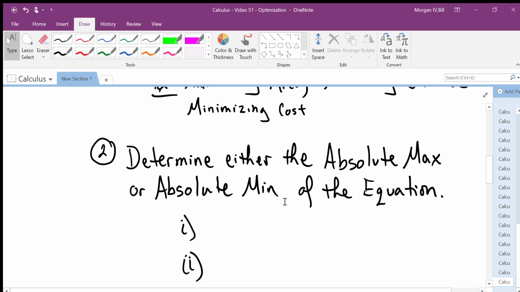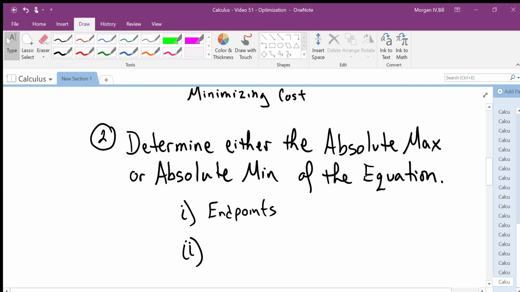One is we need to look at the endpoints. All right, so we'll take a look at the endpoints. And two, we will look at the relative extrema.